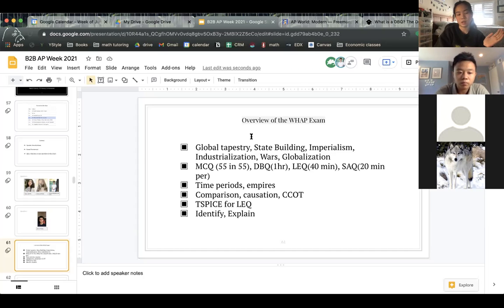Stimulus means like a document, or maybe a photo. If there's a stimulus, you look at it and make a connection based on what time period this is coming from, and you explain why it's relevant or how it answers the question. And then explain is kind of self-explanatory.